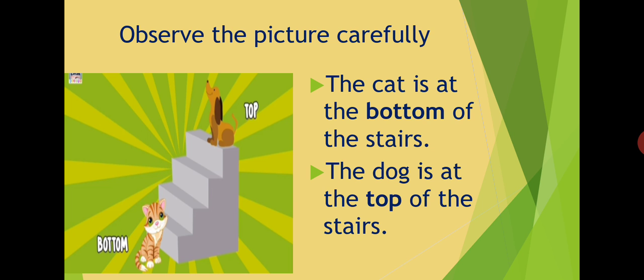So the position of the dog is at the top of the stairs and the position of the cat is at the bottom of the stairs. Top means upar and bottom means niche. So by this slide, you can know the position of top and bottom. What is top and what is bottom.